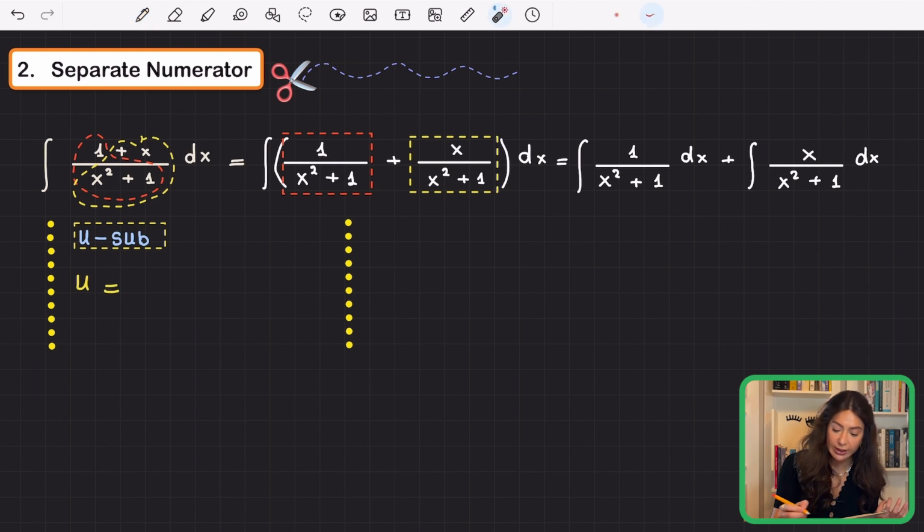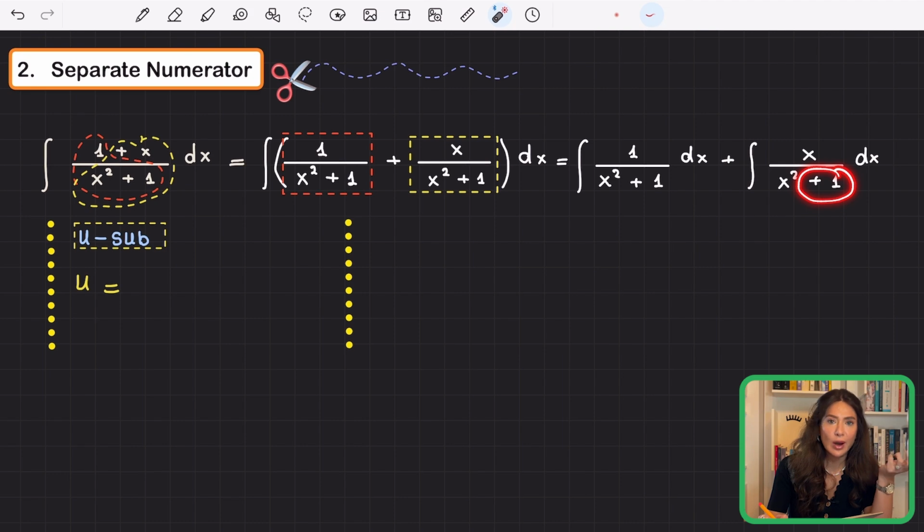Usually what you want ideally is the entire denominator to be u. But the question you would ask then is, do I have the derivative of the denominator sitting in the numerator? And you do, because the derivative of x squared is 2x dx, but I can take care of the 2.